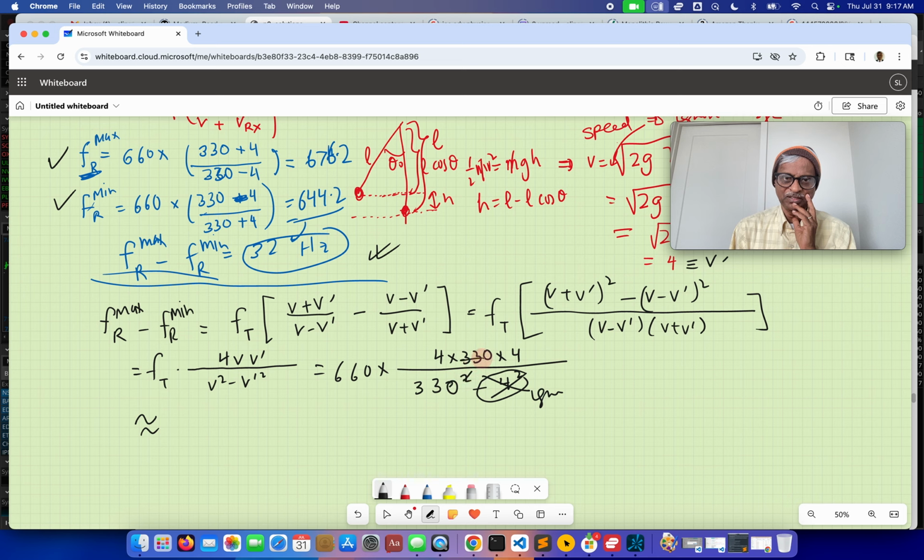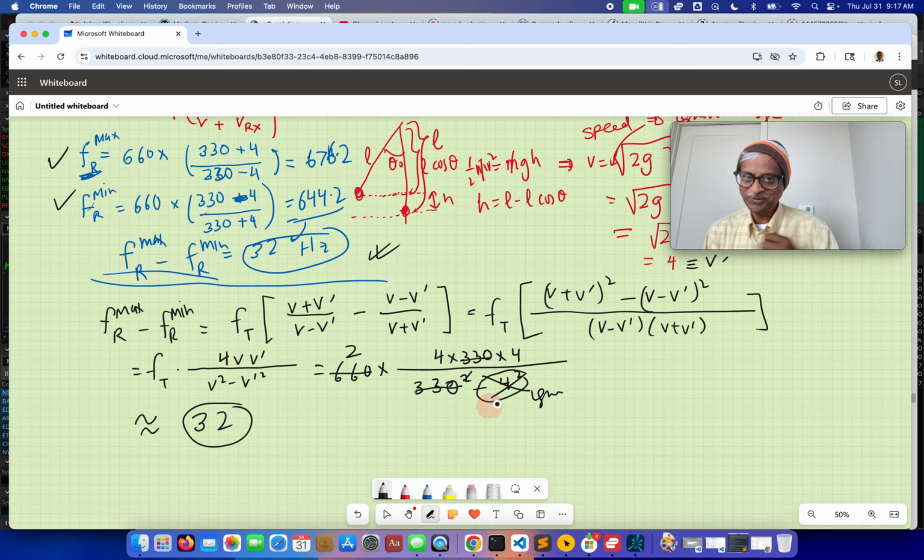One of these 330s goes away, and this just becomes 2 times 4, and that also gives you 32. I ignored this because squaring the speed gives a very large value, and usually these V primes are very small. So if you are more a fan of doing it that way, more power to you.